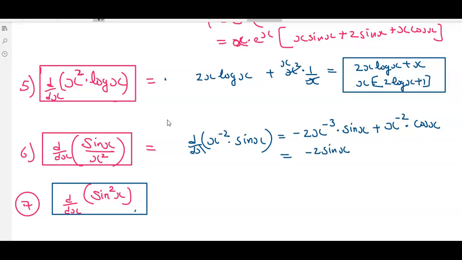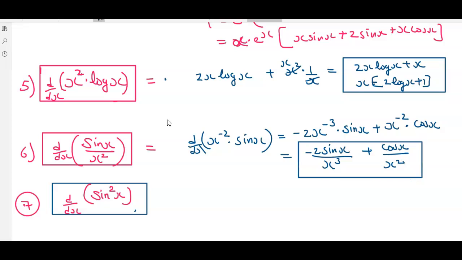Moving further, you can do it like this. It is minus 2 sin x upon x cube plus cos x upon x square. It's up to you whether you want to take the LCM or not. Now again we have an issue with sin square x.